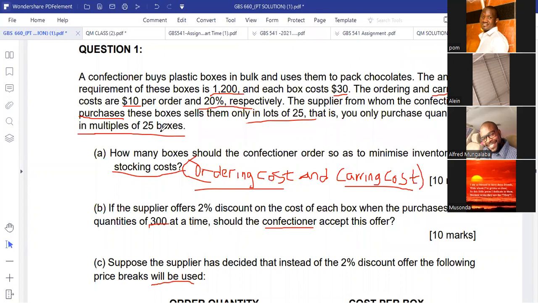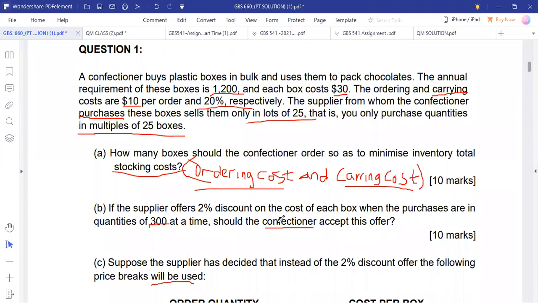Getting down to part B, or question B, where we are now looking at if there's a discount. If the supplier offers a 2% discount on the cost of each box when the purchases are in quantities of 300 at a time, should the confectioner accept this offer?